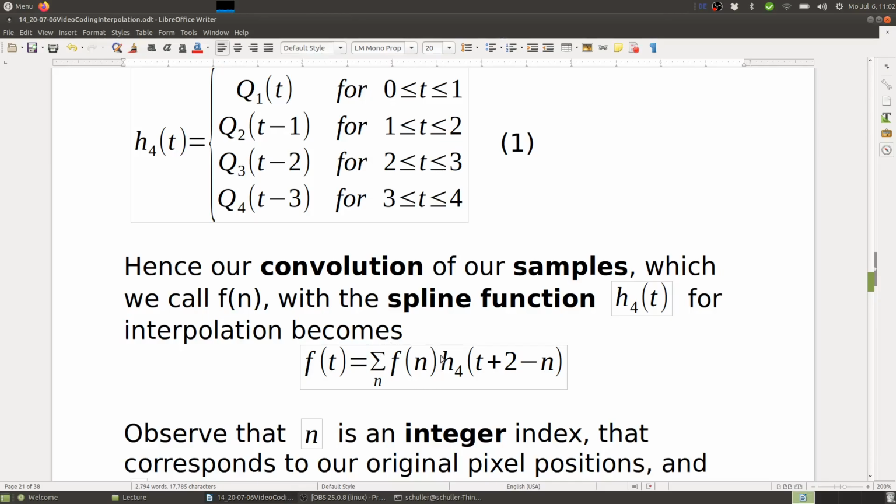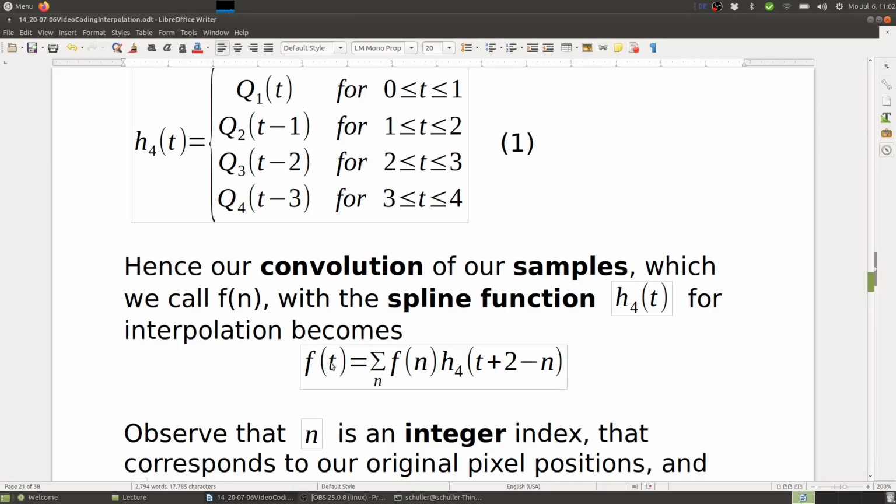Here we have the sequence of our pixel values on the integer x grid. And then here is our spline polynomial. Observe that this n here is integer values, right? It goes only over the integer values on the x-axis.